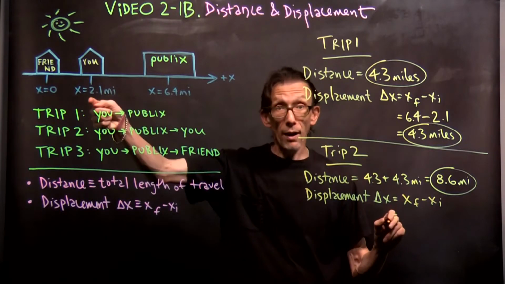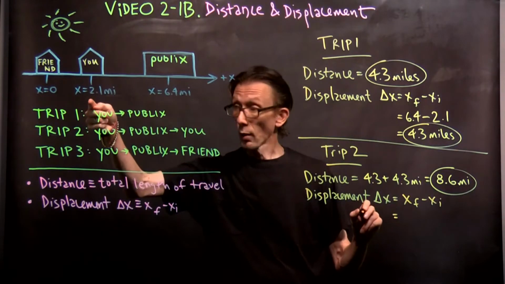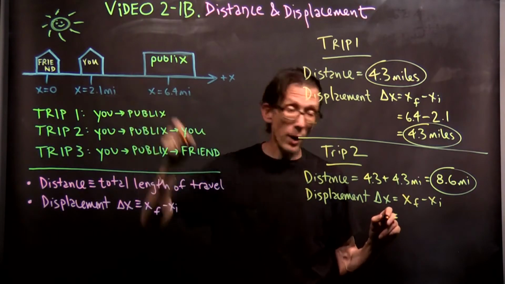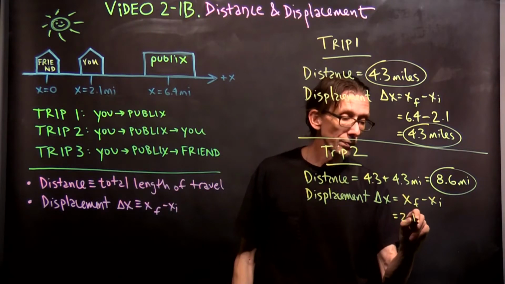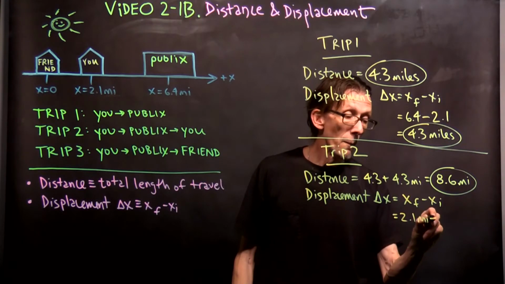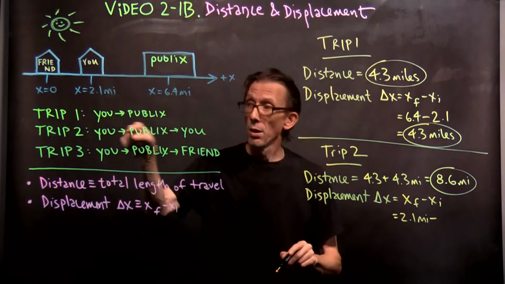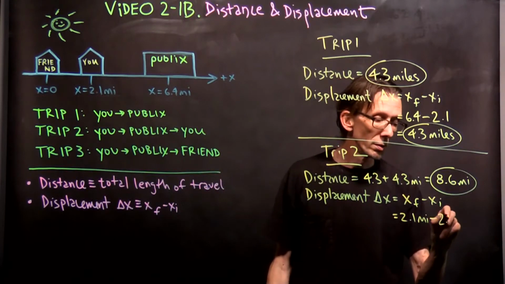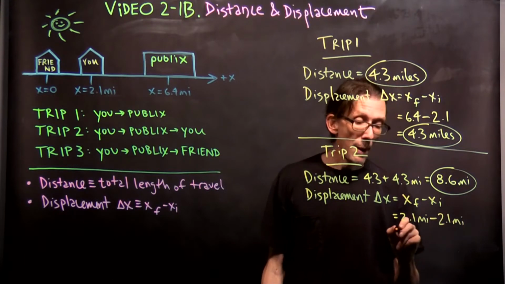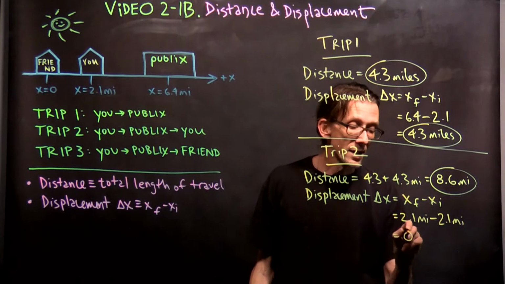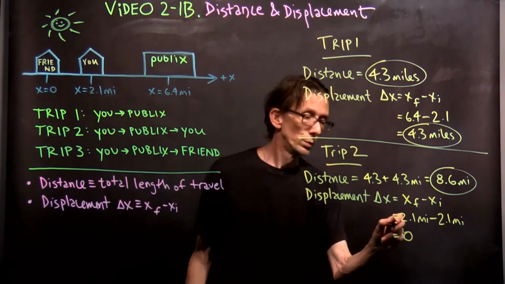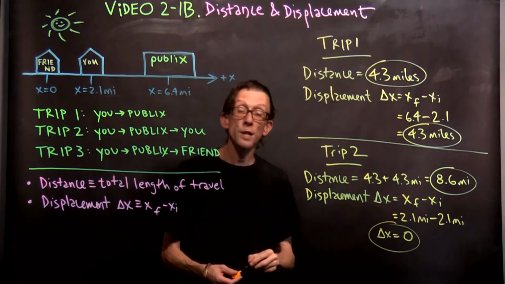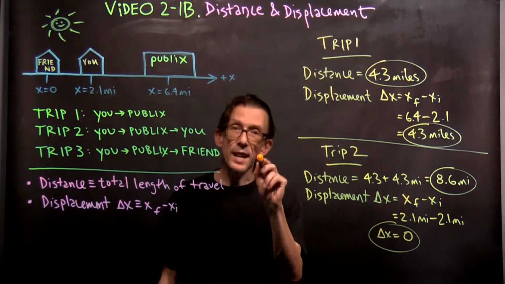You end up at your house. That's 2.1 miles. Minus your initial position, which was you, at your house, 2.1 miles. That means your displacement is 0. For trip number 2, your displacement is 0.